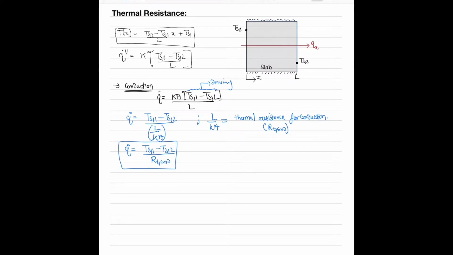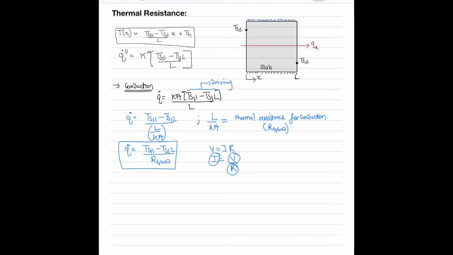So this is analogous to our electrical circuit, where we know V equal to IR, where current we can write as V by R, where V is the potential that drives the flow through the circuit and R is the resistance of the circuit.